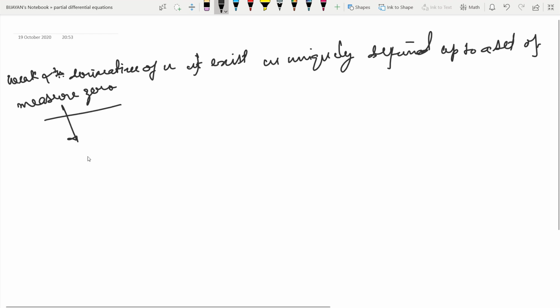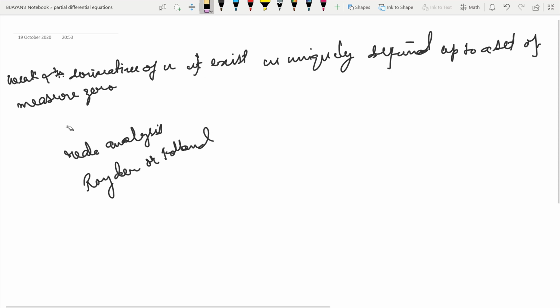Everyone should understand what a measure is. It is in real analysis, measure theory. I would recommend Rudin or Folland. So if defined, it will be uniquely defined up to a set of measure 0, that is, almost everywhere uniquely defined.